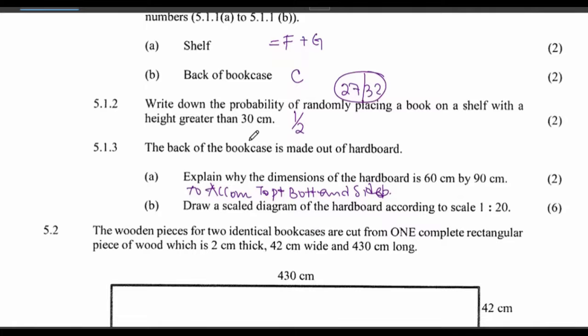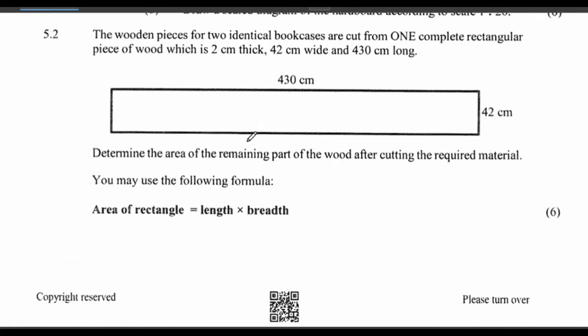Okay, we come down here and we ask ourselves, the wooden pieces for 2 identical bookcases are cut from one complete rectangular piece of wood. Remember, these are wooden pieces, excluding the back card. So we are cutting them from here. So what are we going to do? The piece is 2 centimeters thick, 42 centimeters wide, and 430 centimeters long.